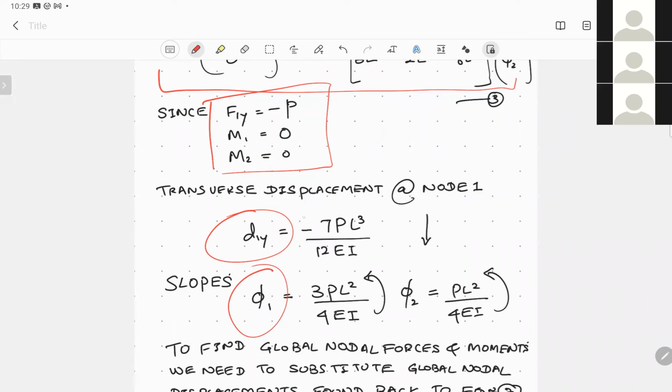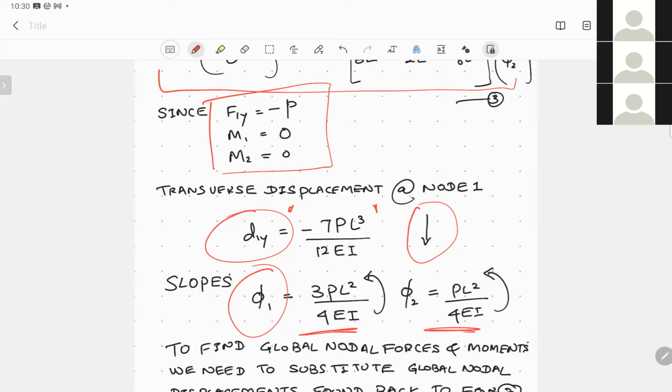So in this case, we will obtain a negative transverse displacement at node number 1, meaning the displacement will occur in the negative y direction, and the rotations you would get to be positive, meaning they are acting in the counterclockwise direction at node number 1 and node number 2.